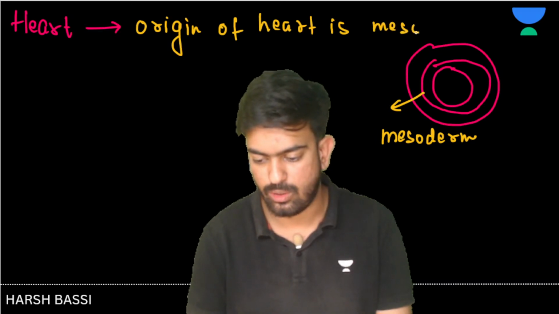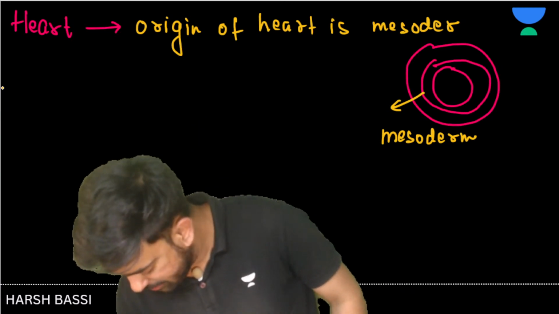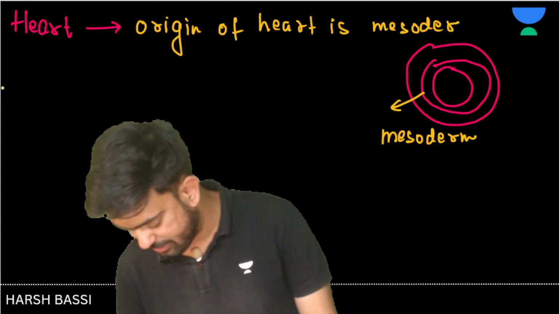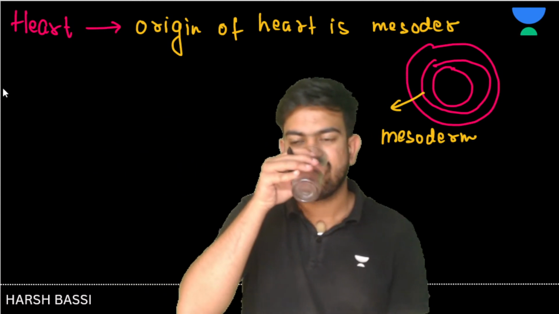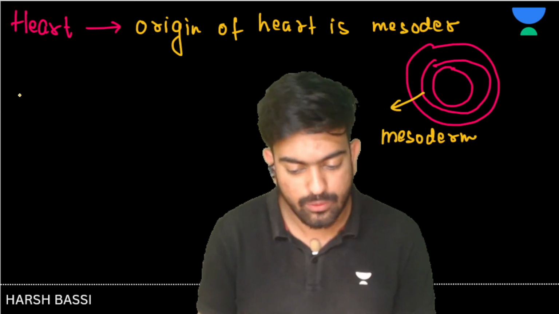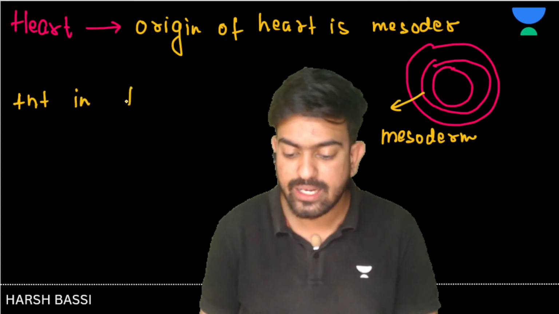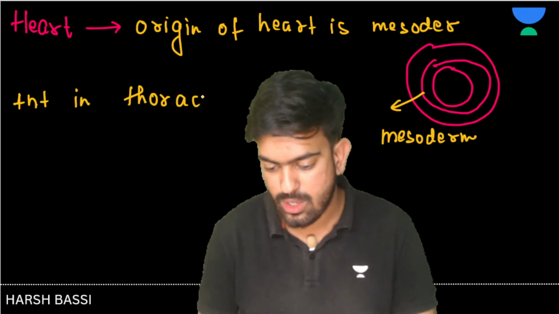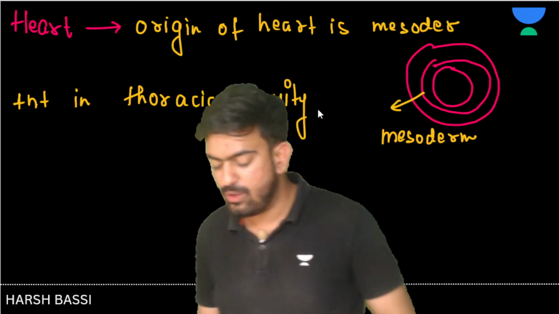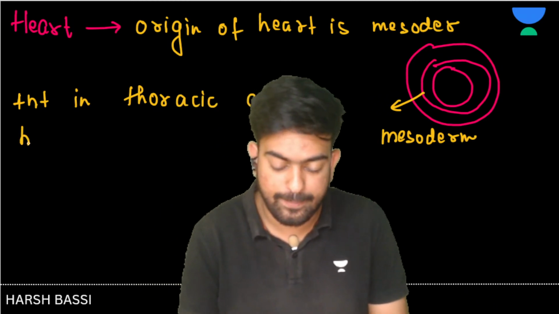Clear? Okay. Where is it situated? Children, where is your heart? Yes, arteries, veins and capillaries. Very good, Gandhar. Where is your heart? Sir, here. Thoracic cavity. It is present in the thoracic cavity, between the lungs.